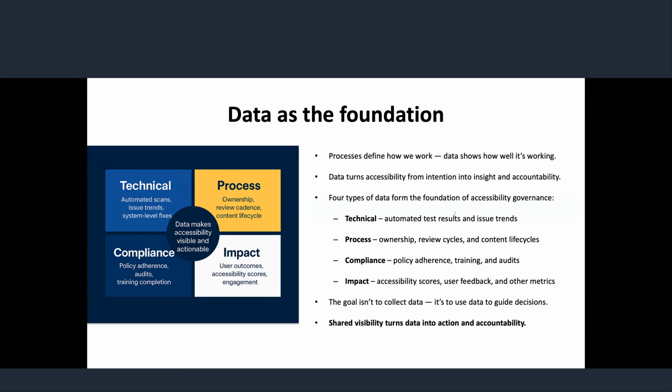When everyone from developers to content editors to leadership can see the same picture, accessibility stops being someone else's job and becomes part of the organization's shared accountability. This data makes accessibility visible and actionable across hundreds of sites. So let's see how this works in a real-world example.